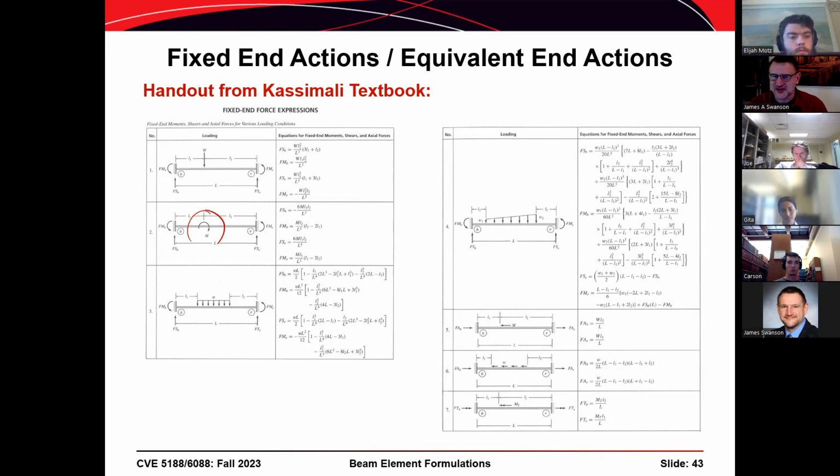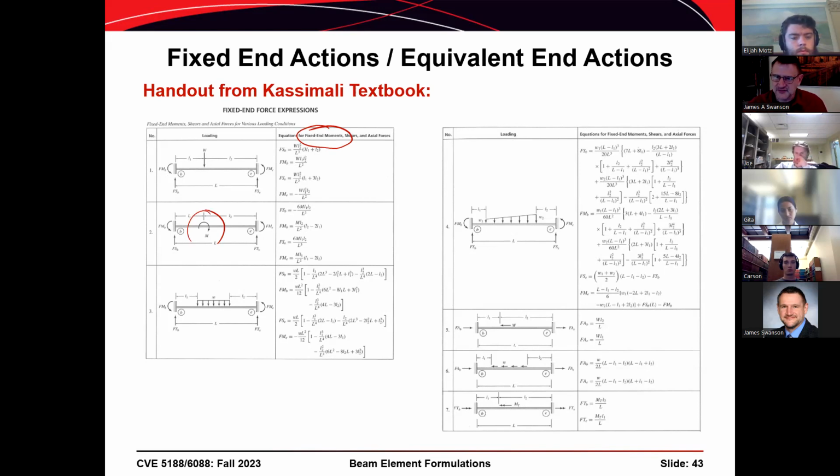I don't know where this would ever come into play, but I suppose that it could. If you had a member loading that was a concentrated moment, then you can reflect that with these equivalent end actions. Note that it says these are equations for fixed end moments. So when you calculate equivalent end actions from those, you have to first take the opposite of these.